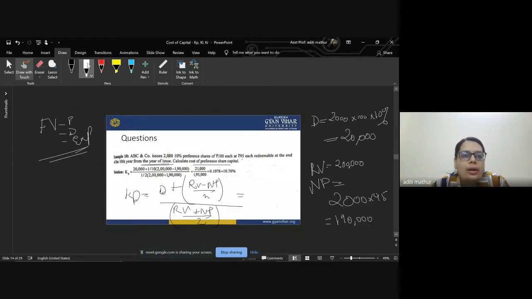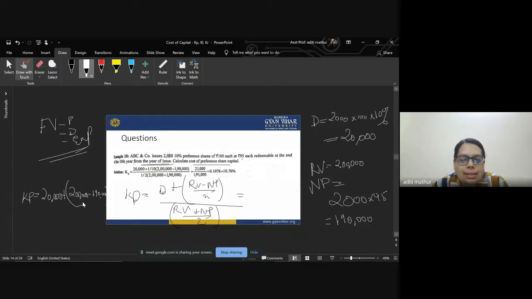So our KP will be equal to 20,000 plus 2 lakh minus 1,90,000.